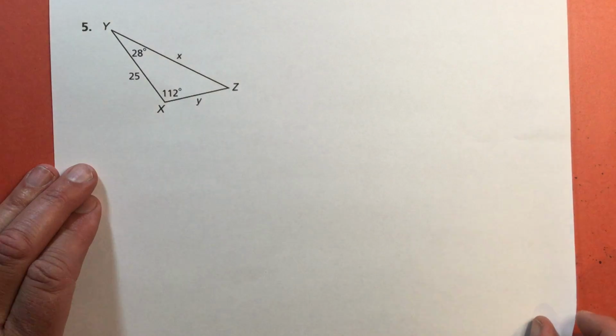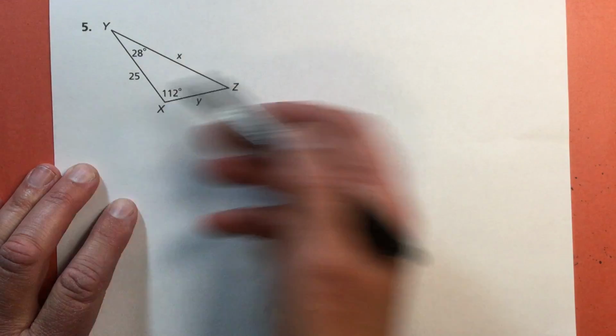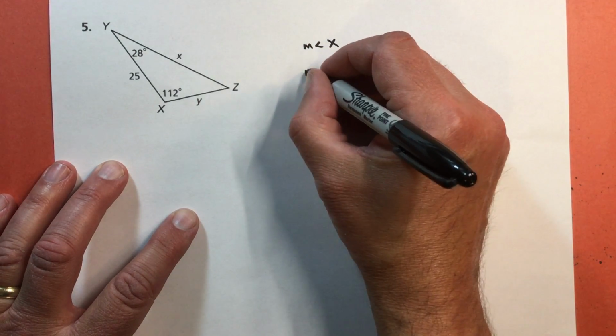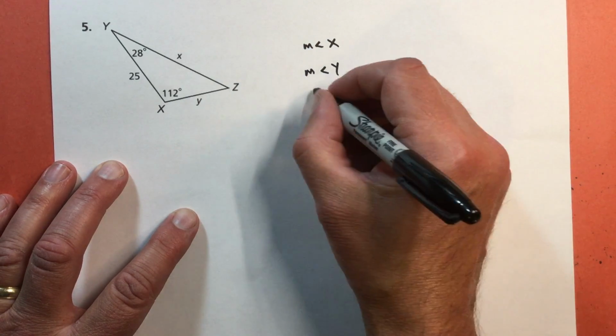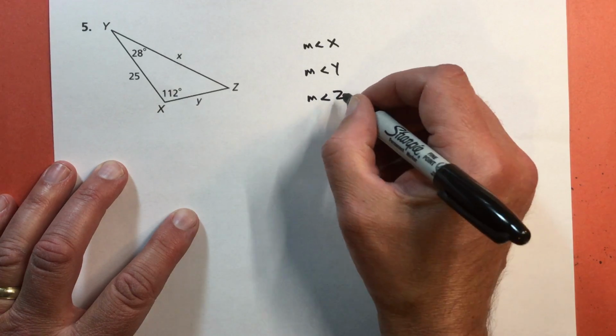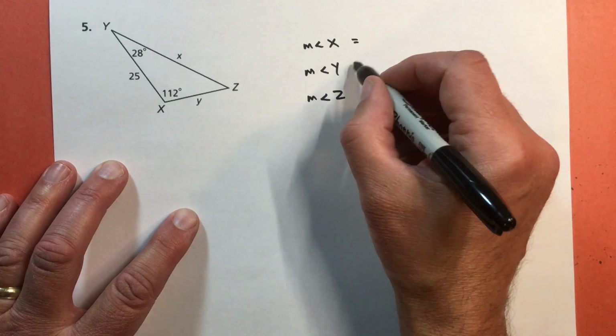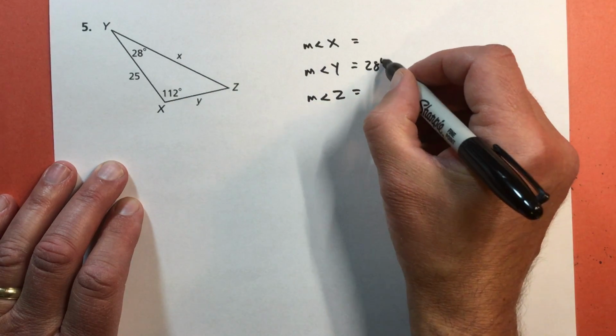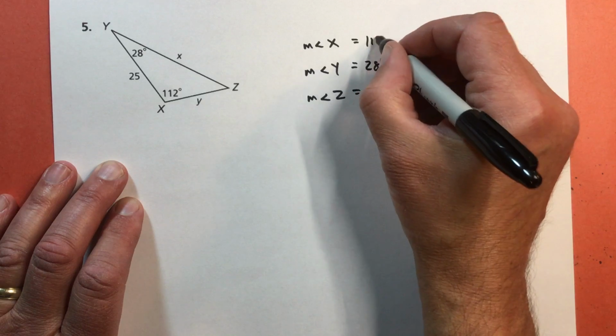Here's number 5. That was number 4. So now I've got angle XYZ. I've got the measure of angle X, the measure of angle Y, and the measure of angle Z. Which ones was I given? Angle Y is 28 degrees, and angle X is 112 degrees.